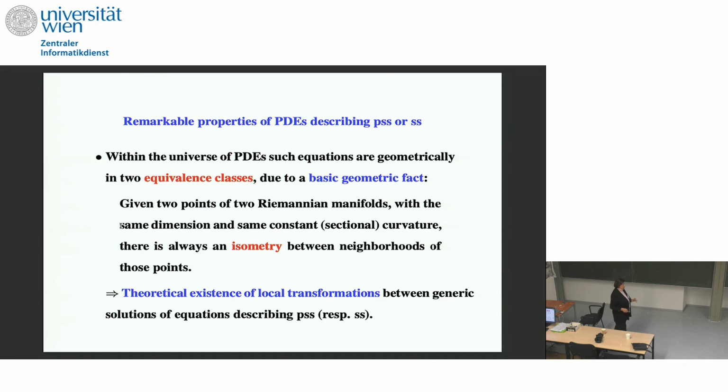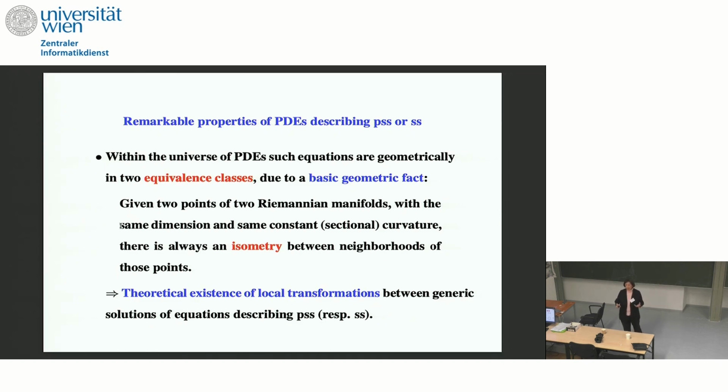Now, why are they special first? This is a consequence of the geometric fact that if you have two Riemannian metrics with the same dimension and the same constant sectional curvature, then there is always a local isometry between those two metrics.